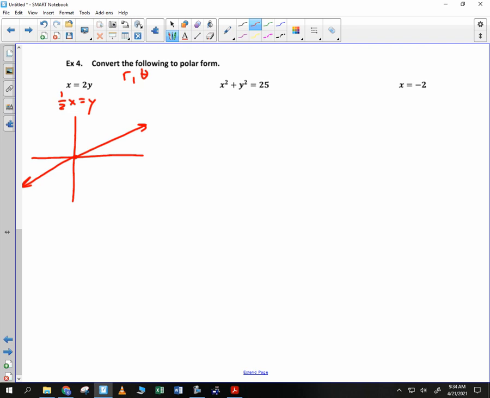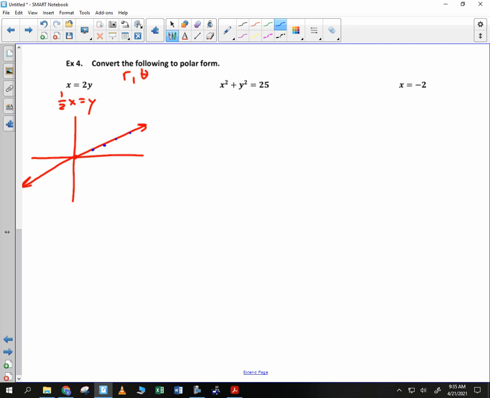All good with that? Now, let's think about it in terms of radius and theta. The radius, or the distance from the center, does that change? Is my distance here from the center different than my distance here?